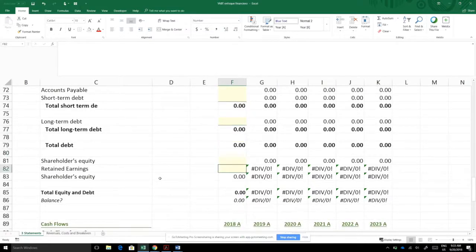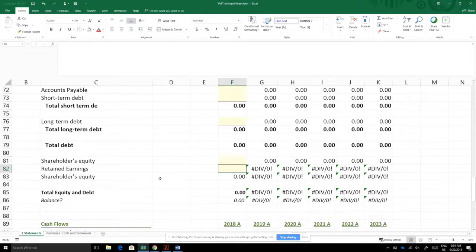Then shareholders' equity. This is how much equity the shareholders have at the very beginning. So this is, for example, capital that the shareholder brought into the project at the very beginning. And then retained earnings, this is going to come from last year's net profit after your dividends.